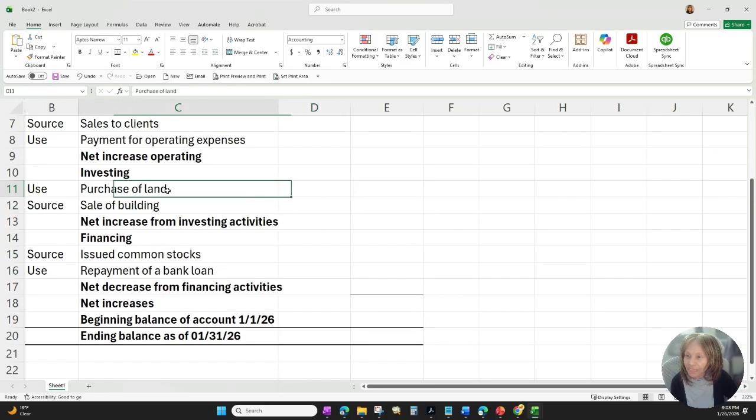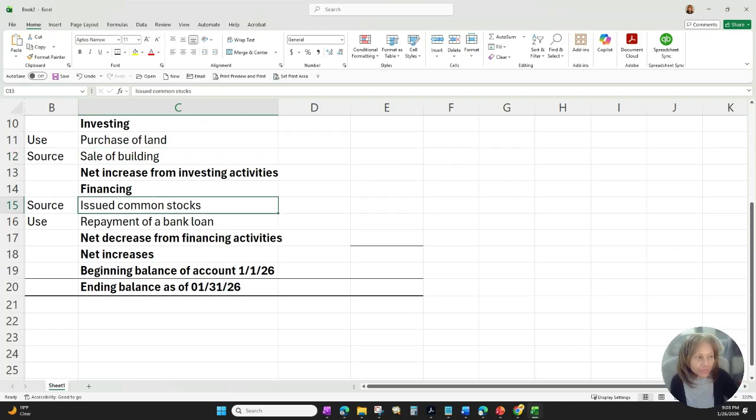In this business, they purchased land, so the money left the bank account, and sold the building, so money came in. The third activity is the financing activities. The financing involves cash related to owners and lenders. The cash related to owners is called equity.